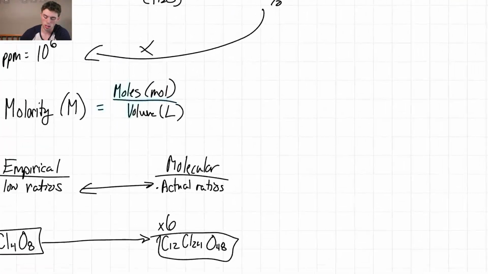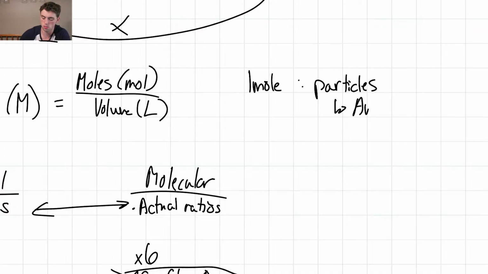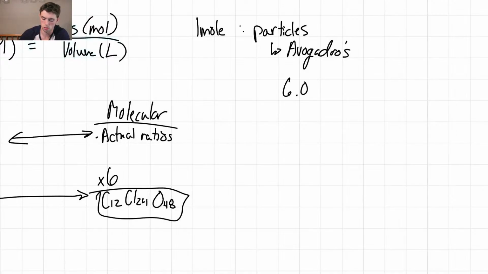And so going back to the moles. Now, 1 mole, remember it's the amount of something. So 1 mole could be a certain amount of particles, and that number of particles is Avogadro's number, or as I like to joke, avocado's number. So we use 6.022 times 10 to the 23rd molecules per 1 mole.